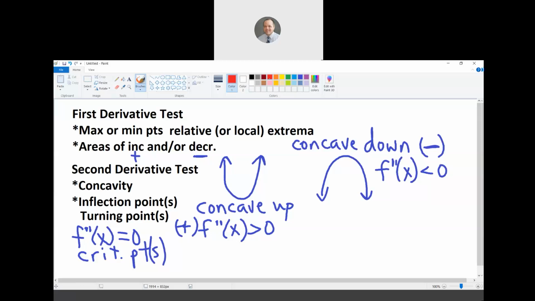Now, let's say you have a graph that behaves this way, just a basic curve. Anytime you go from concave down to concave up, or vice versa, anytime your graph changes concavity, the point where the graph changes concavity is known as the inflection or turning point.